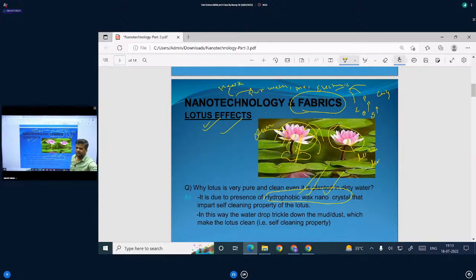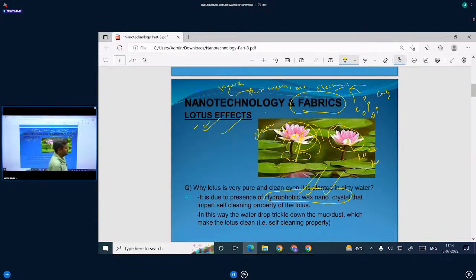This helps to clean the lotus flower. This particular effect is called the lotus effect.